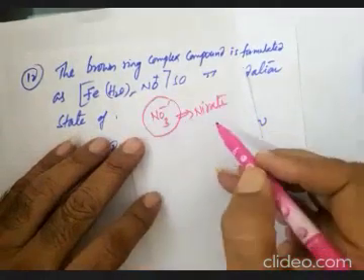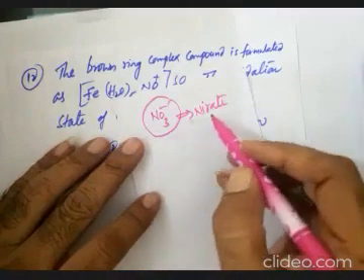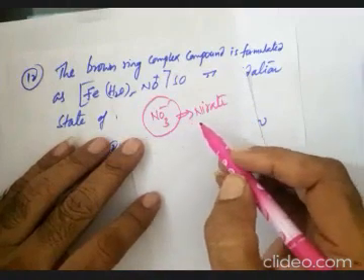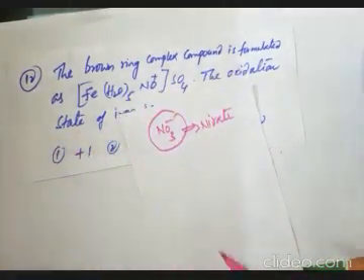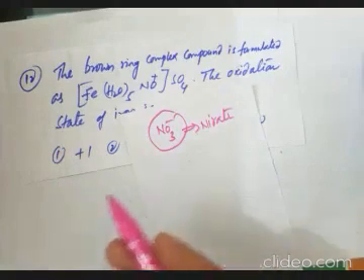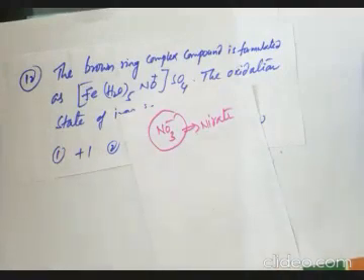Whether your sample contains NO3- or not, for that confirmation we use the brown ring test. In second year practical examination, this will be one of the best questions for viva also. What is the brown ring formula, and what is the purpose of the brown ring test, such type of questions.